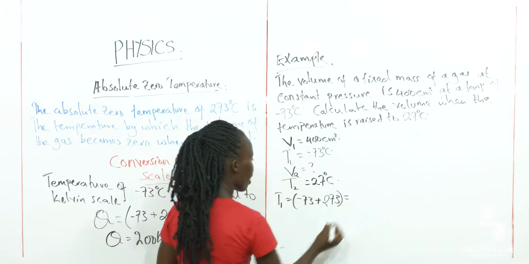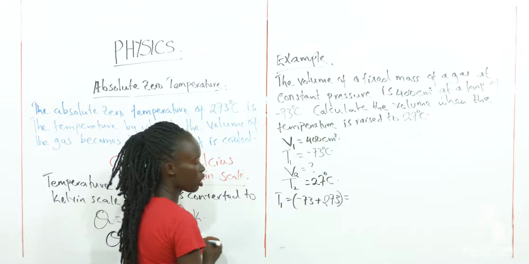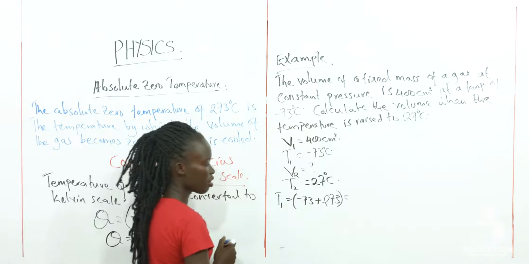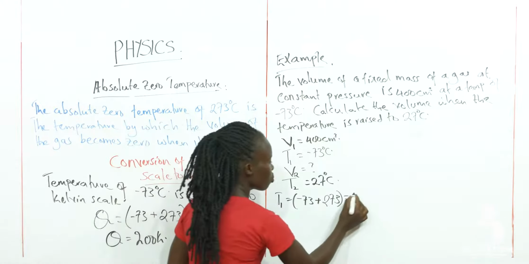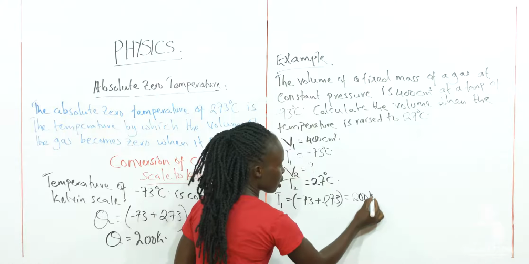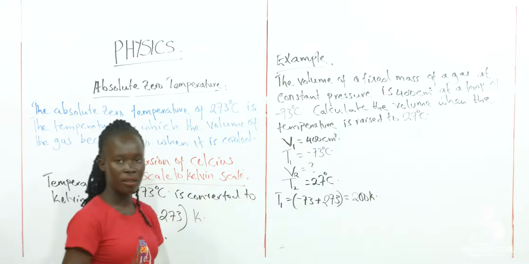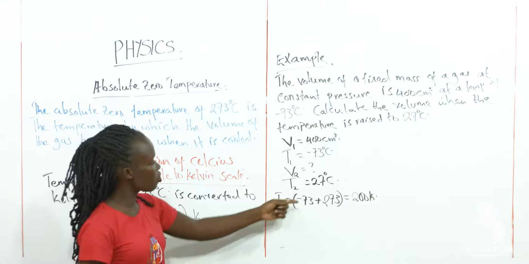So instead of negative 73, we shall have 200 Kelvin.